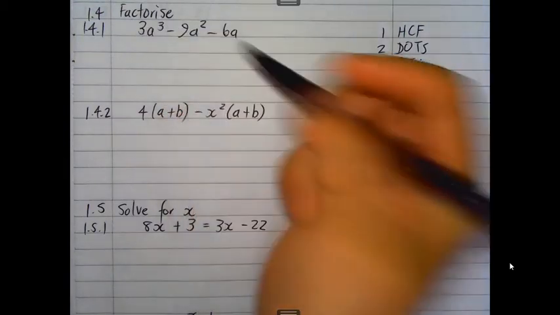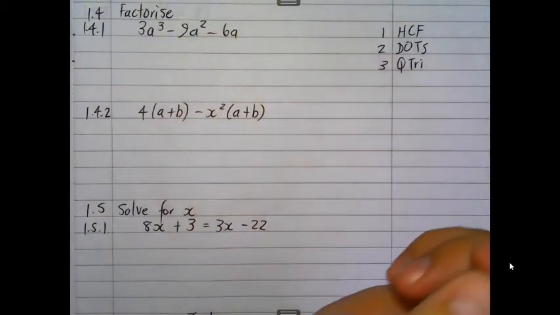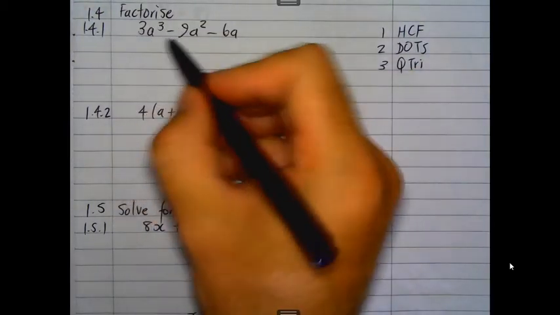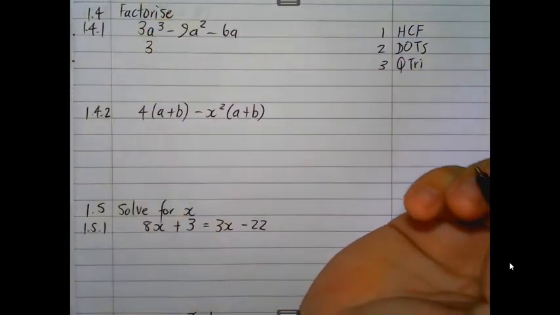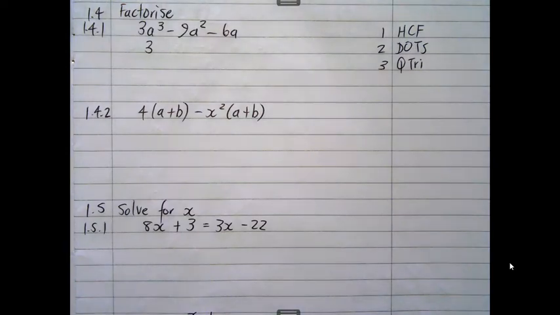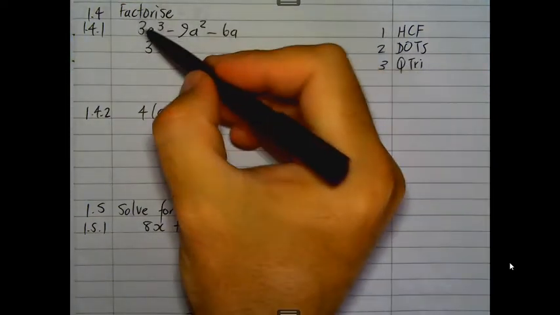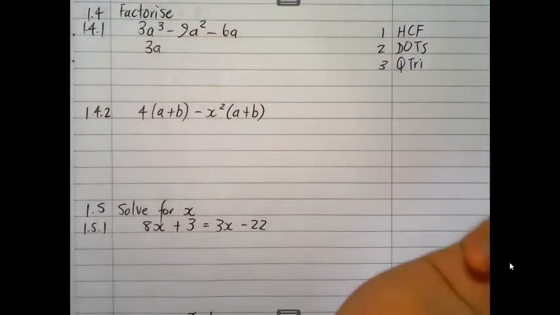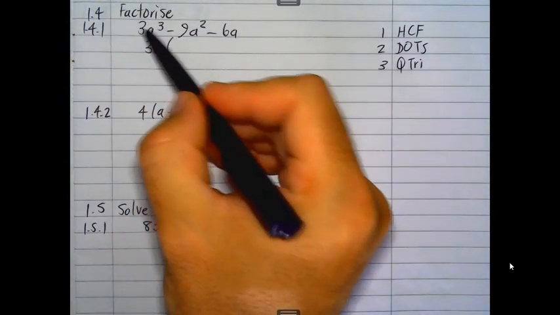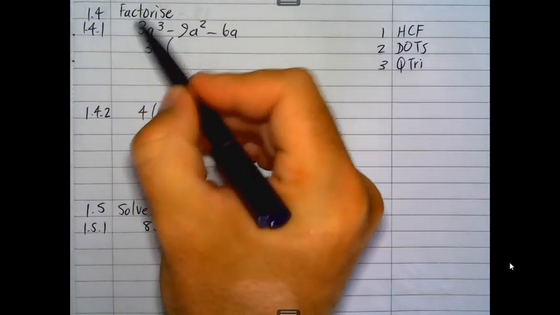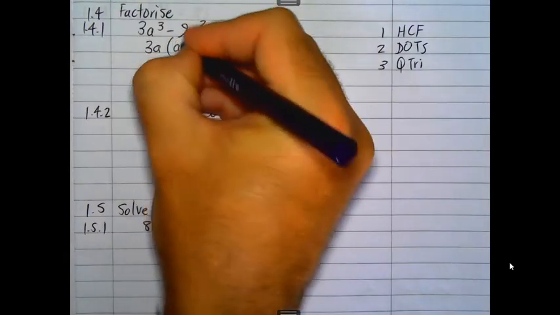1, 2, 3 terms all have got something in common. What number goes into all 3 terms? 3 goes into all 3. What variable goes into all 3? All 3 terms have got at least an a. Open a bracket. If I've taken out 3a, what remains over there? A squared.